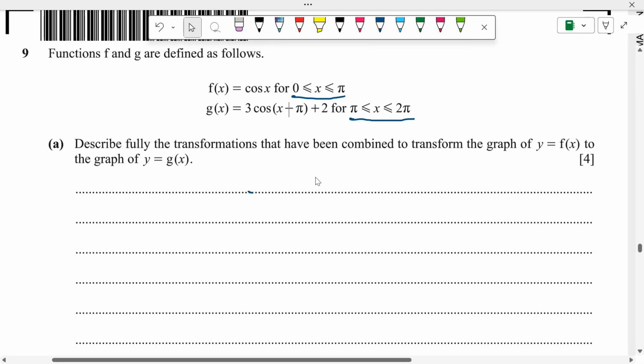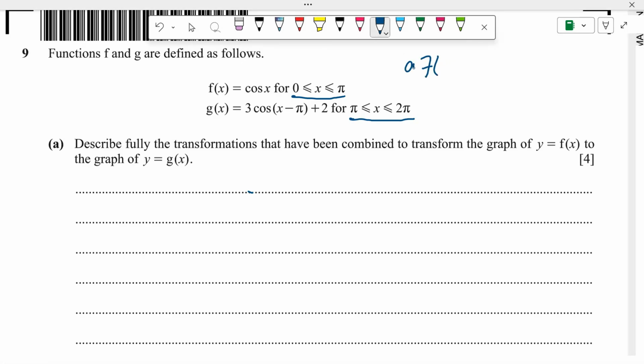This function can be written as a f of b times (x minus h) plus k, where a is the vertical stretch, b is the horizontal stretch, h is the horizontal shift and k is the vertical shift.